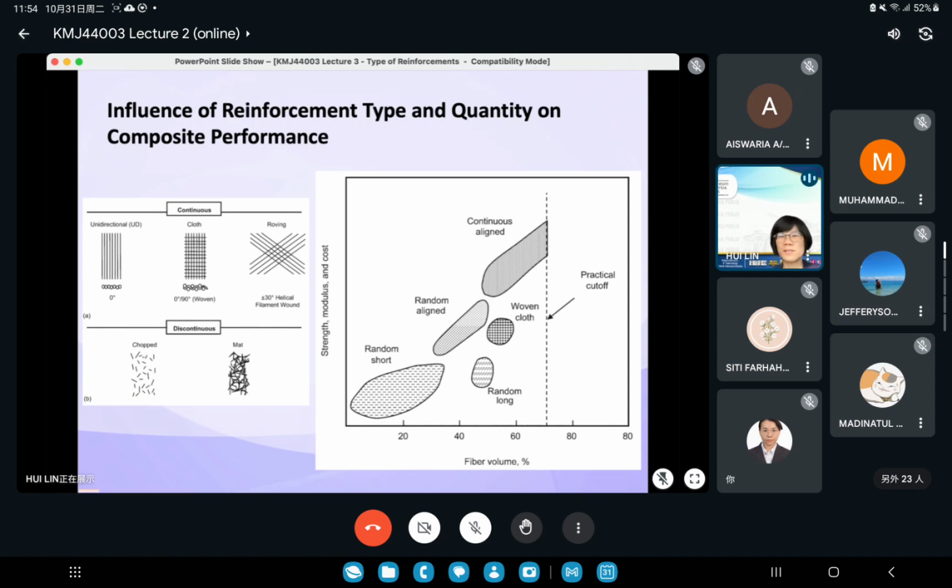Natural fiber is cheaper. For example, you can use jute, bamboo, kenaf. We have a lot in Malaysia. Some of the researchers, Dr. Rosyanti, are using kenaf fiber a lot. And then there are other types of naturally occurring fibers.